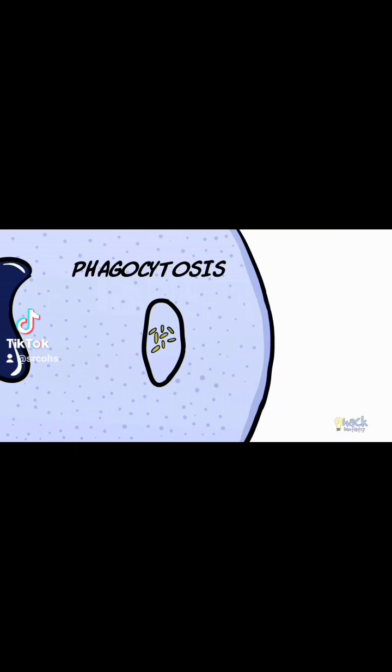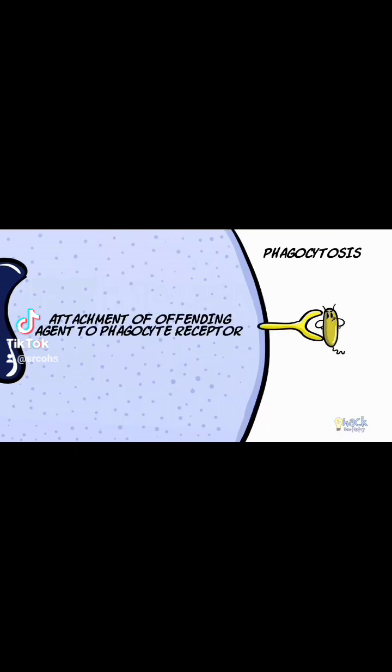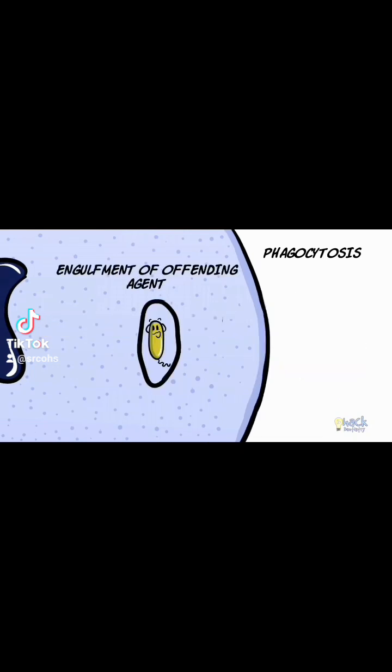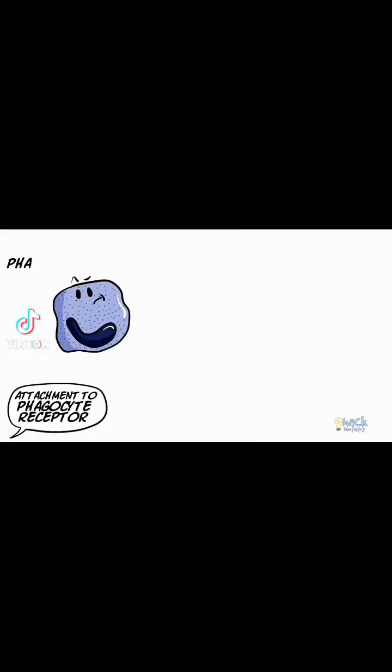Phagocytosis involves 3 steps, them being the attachment of the offending agent or microbe to the phagocyte receptors, engulfment of the offending agent or microbe, and intracellular killing of the offending agent or the microbe. There are receptors like mannose and scavenger receptors on phagocytes, which can bind to microbes and help in engulfment.